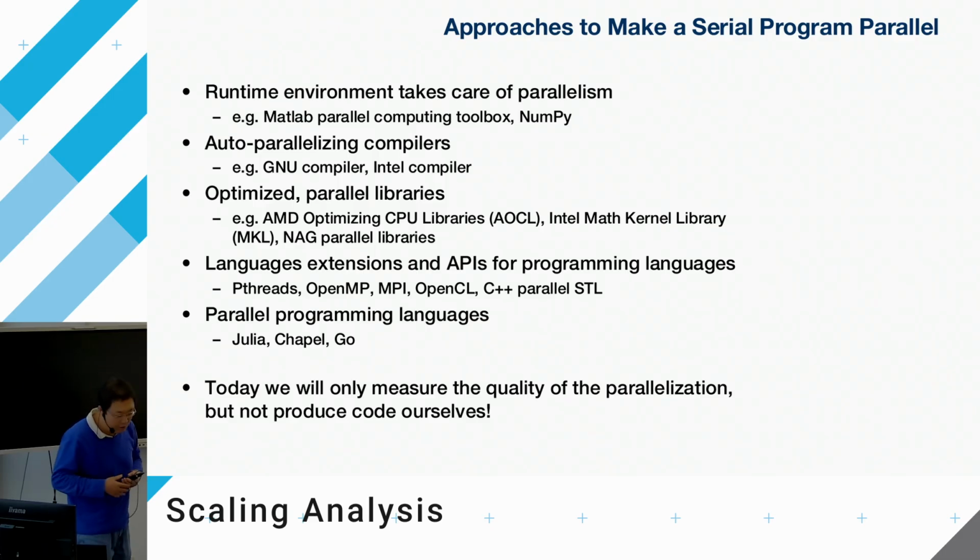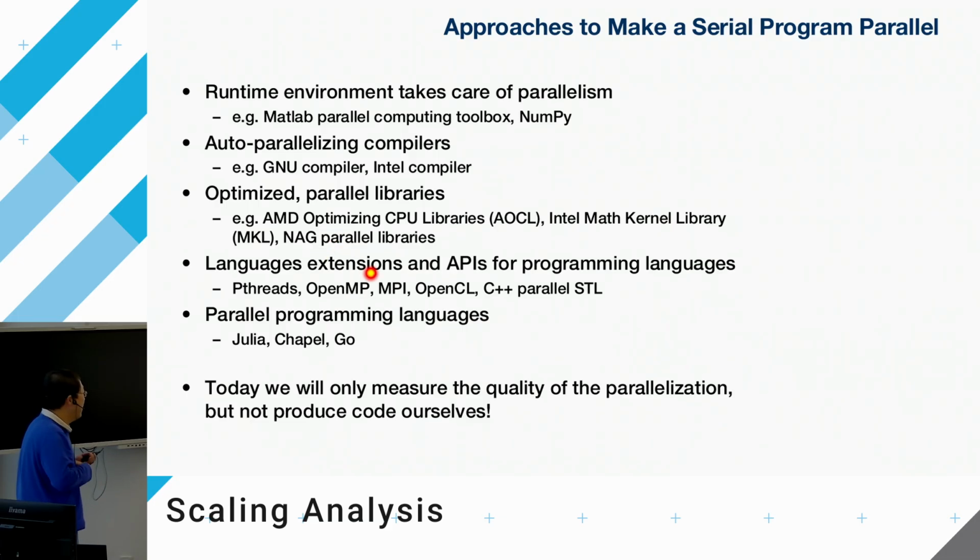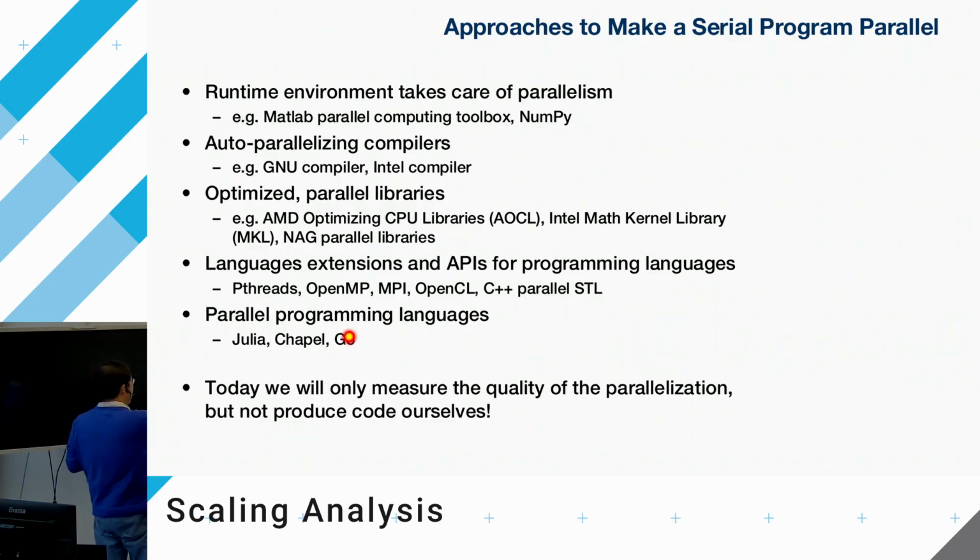You can also use automatic compilers, for example GNU compilers or Intel compilers, to take advantage of parallelization, or use parallelization libraries from vendors, for example from AMD or from Intel, or use language extensions. Maybe you have heard of OpenMP or MPI, or just use programming languages that support parallelization directly, for example Julia, Chapel, or Go.